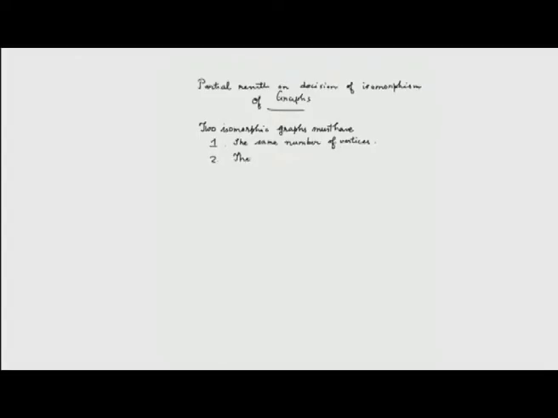All right. So, if we have 2 isomorphic graphs, then they must have the same number of vertices, and they must have the same number of edges.